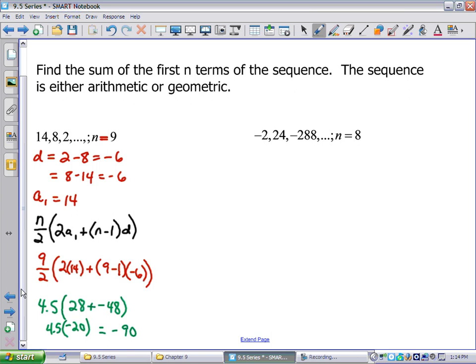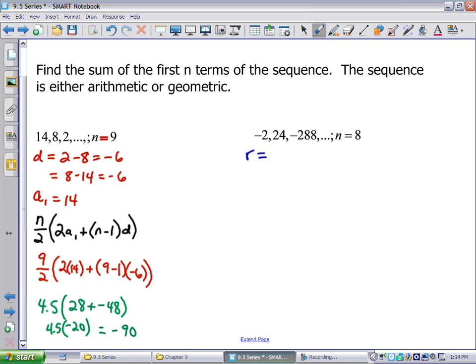Okay, if we go to the example over here on the right, now let's look for a pattern. We have to determine if it's arithmetic or geometric. Arithmetic would say 24 minus negative 2. That would give you a difference of 26. And you can tell between negative 288 and 24, it's not 26. So let's try geometric.